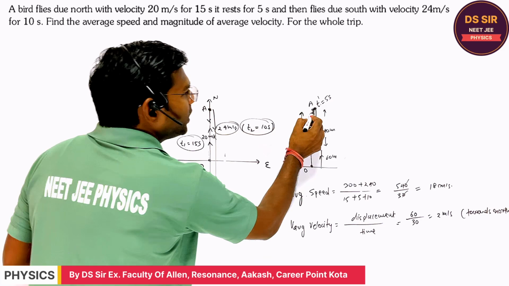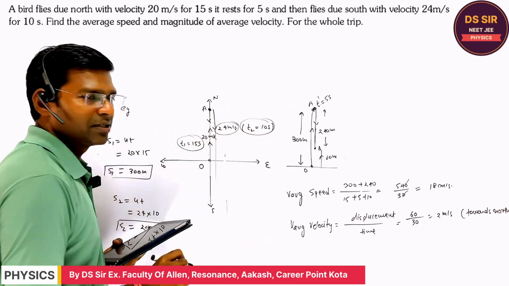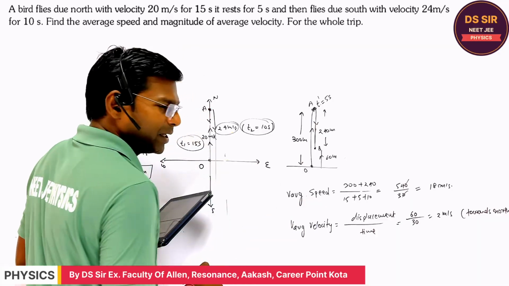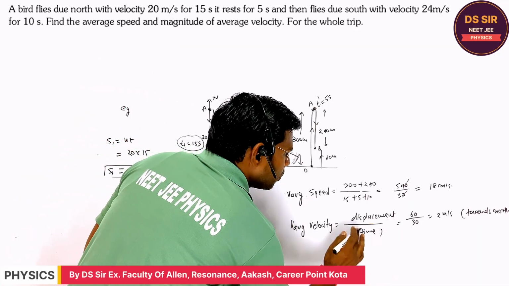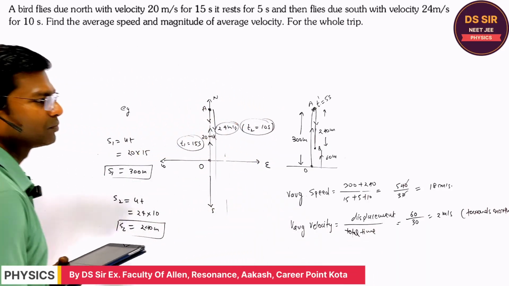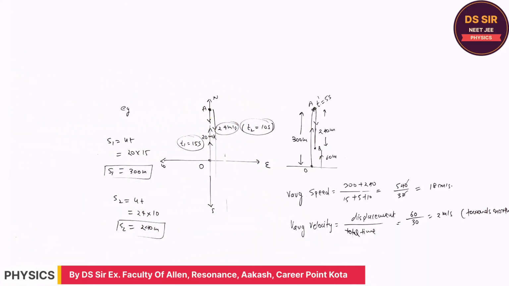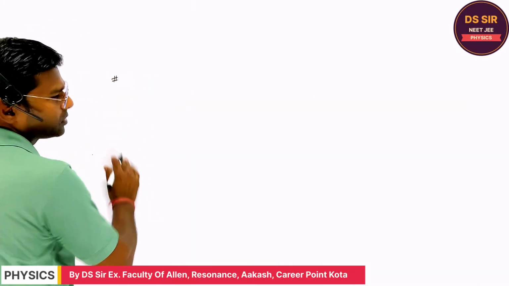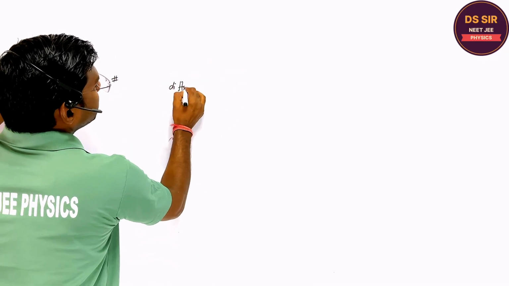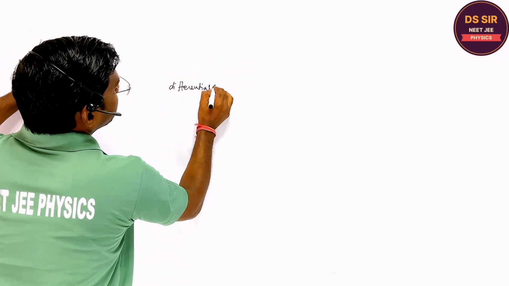Also, the important thing is that if it is at rest somewhere during the journey, this time is also taken, because we have to write here the total time. Understood? Copy this. Before doing the next question, I'm telling you some concept, the differentiation. You understand the differentiation? Tell me.